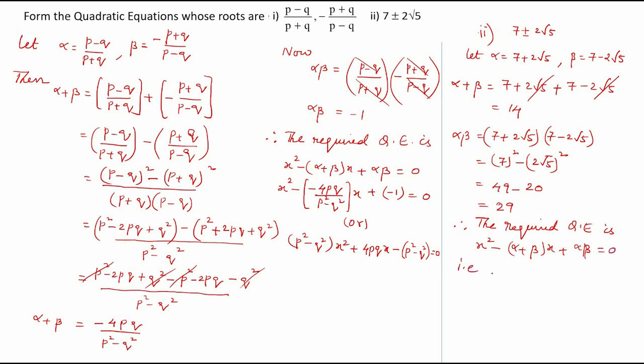That is, we will substitute the value of sum and product here. X square minus alpha plus beta value, which is 14, x plus alpha beta, which is 29, is equals to 0. So this is how you can find the equation as well as the roots.